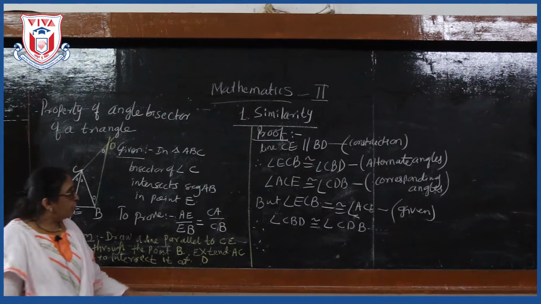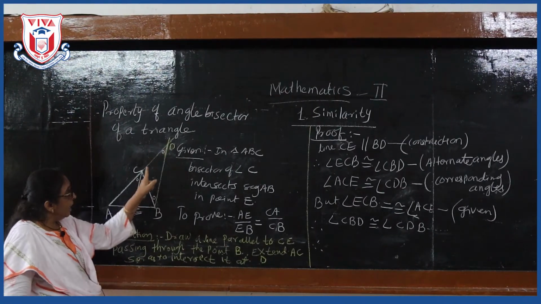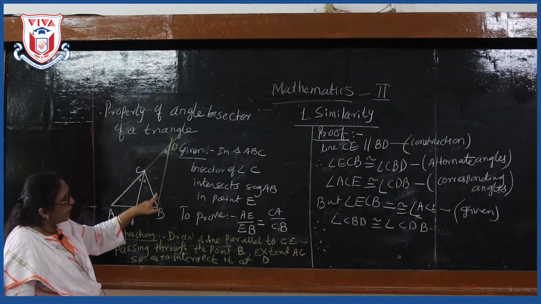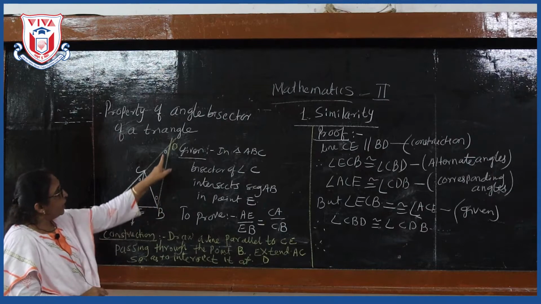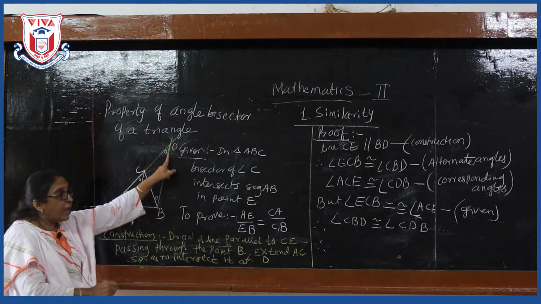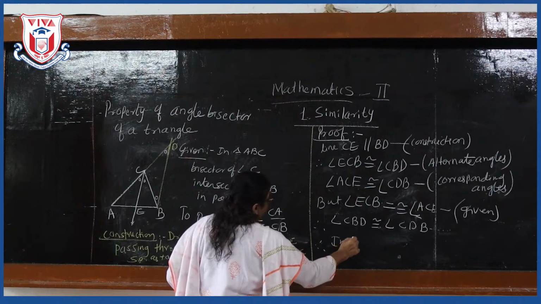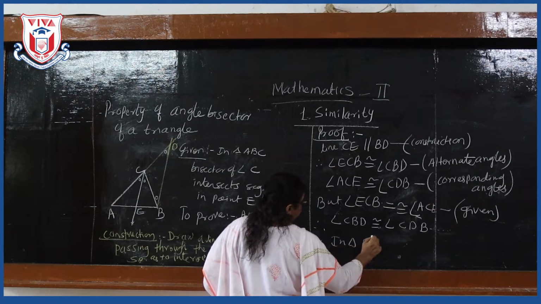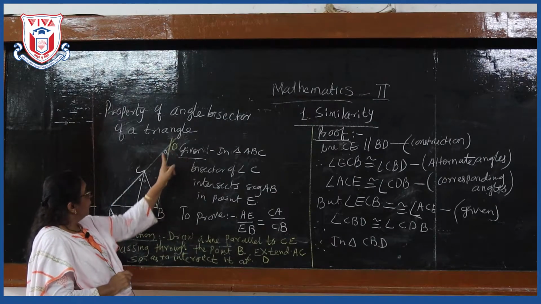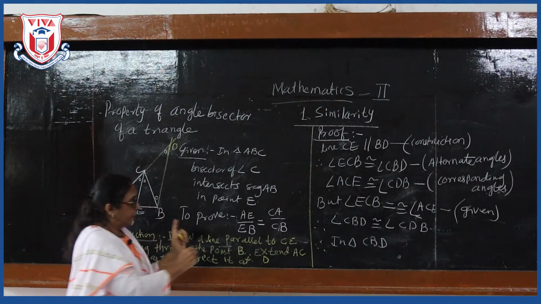And therefore now if you see in triangle CBD, angle CBD and angle CDB both are congruent. That means we have shown that the base angles are congruent. So now you can apply the converse of isosceles triangle theorem, and we can say that in triangle CBD, as these base angles are congruent, side CD is congruent to side CB.